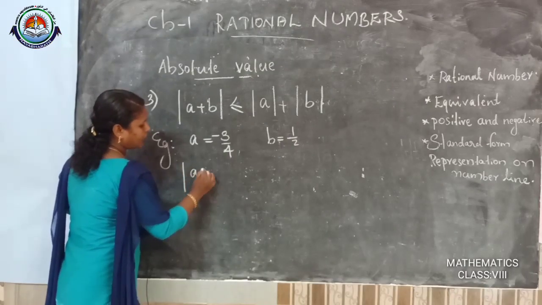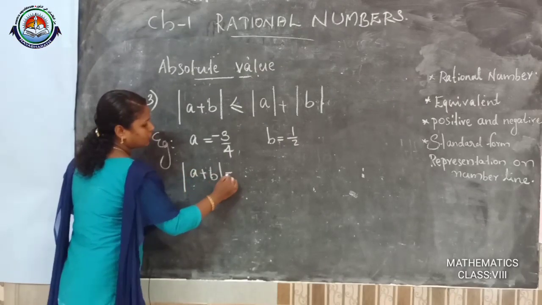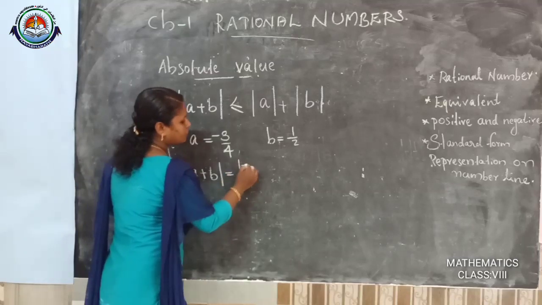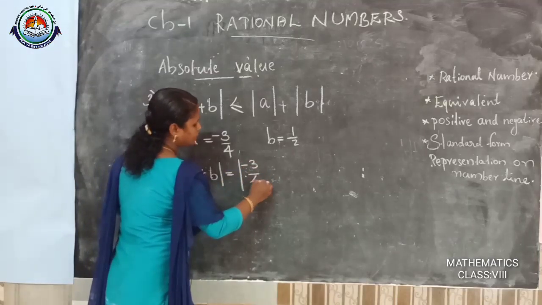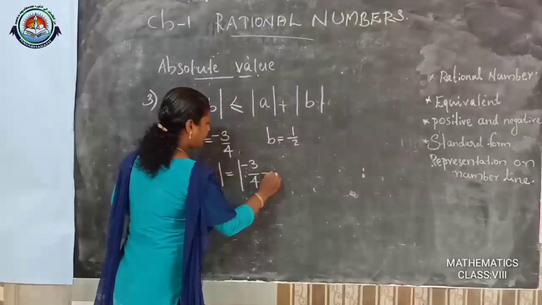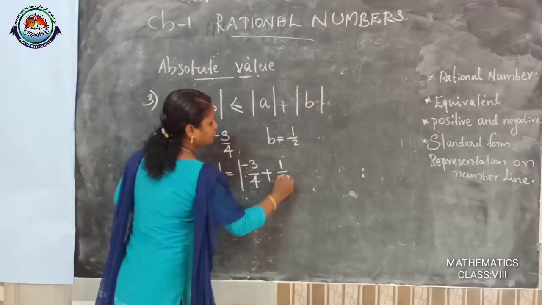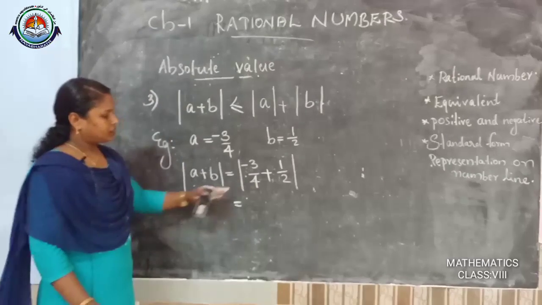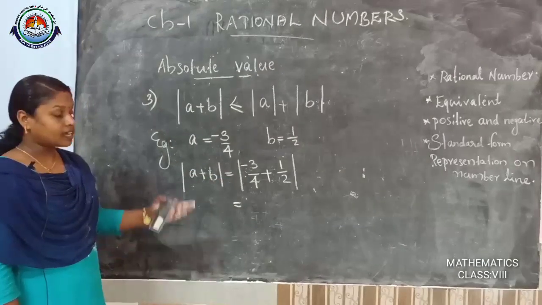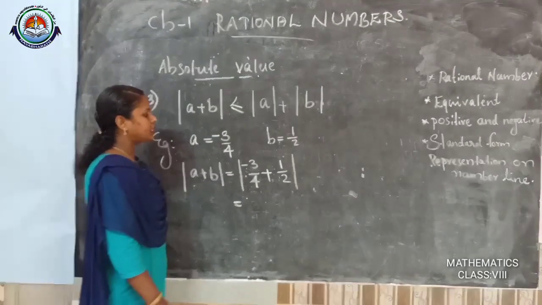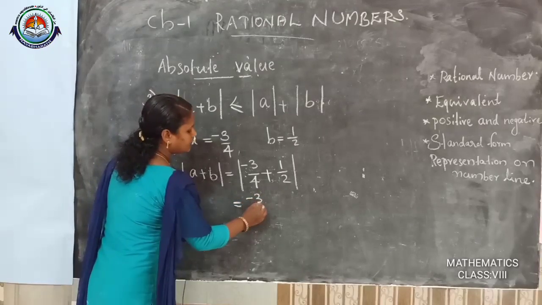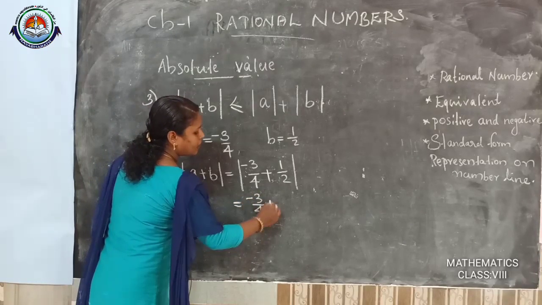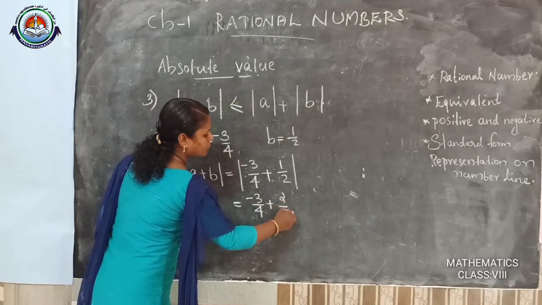Absolute value of a plus b equal to absolute value of negative 3 by 4 plus 1 by 2. Then we are rewriting the rational numbers with the common denominators. That is negative 3 by 4 plus 2 by 4.